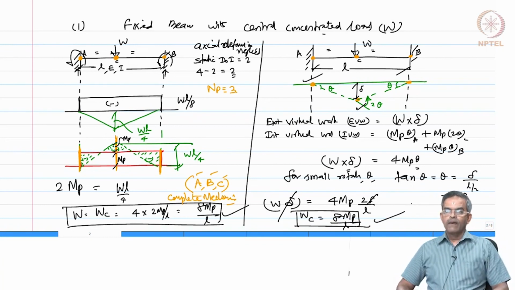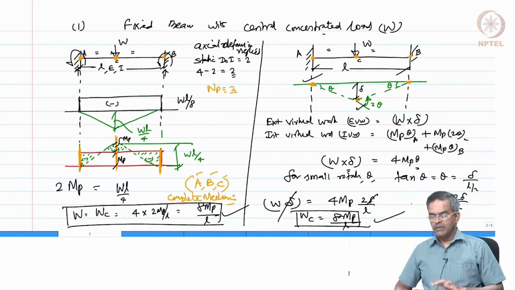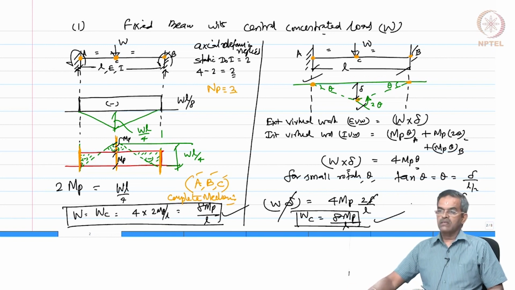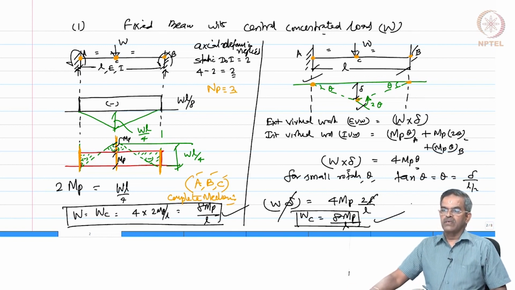So, friends, both the theorems will ultimately converge to give you the same answer if the problem is simple. Okay. So, both methods or both procedures give you the same answer, okay, in this example.